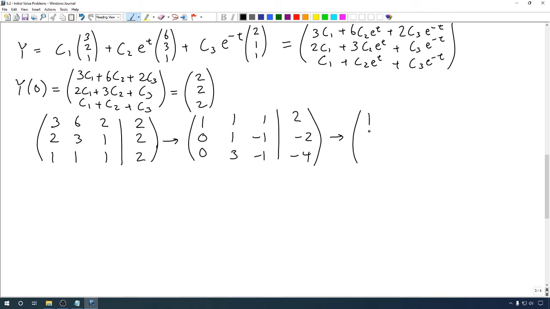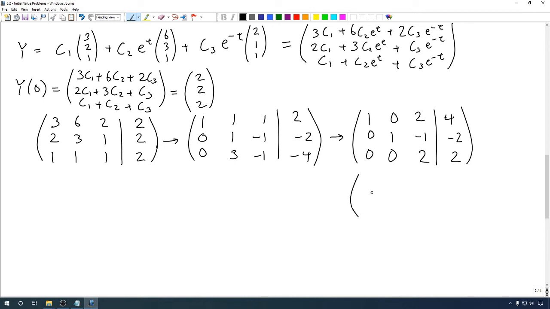It'll be nice to not have anything else in that column. We'll be left with a 2 and a 4. This is still the same as the negative 1, negative 2, and this one becomes a 2 and a 2. Then our last step is to use this 2 here. We can divide this last row by 2, and then use that to cancel out these other ones.